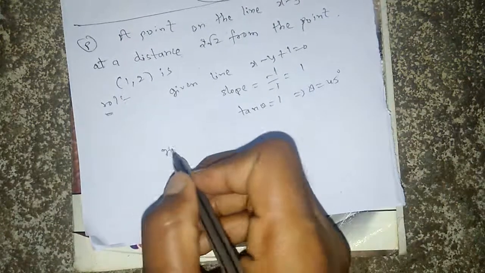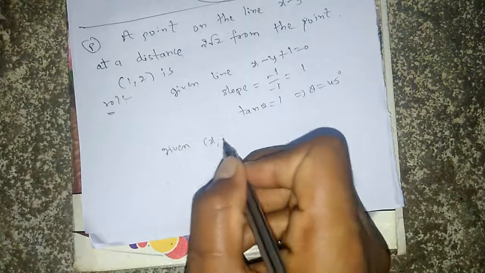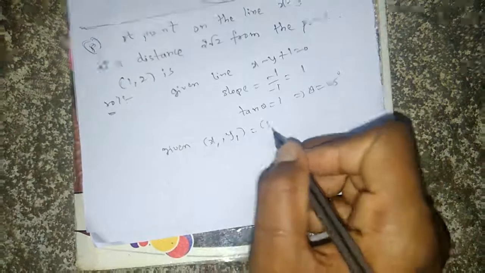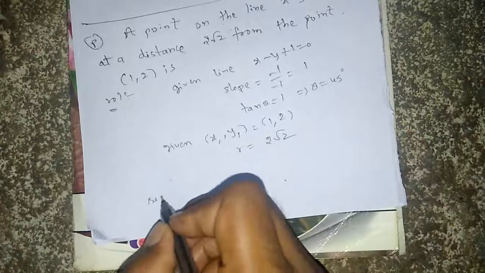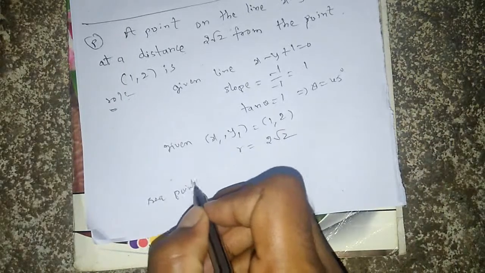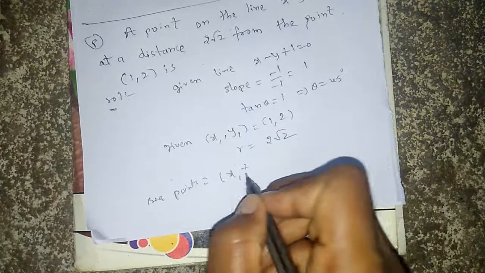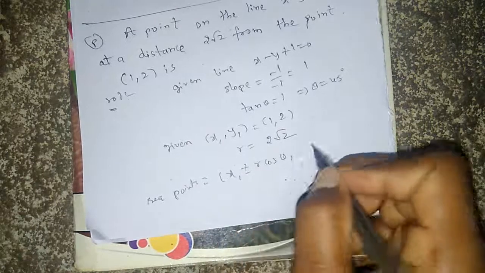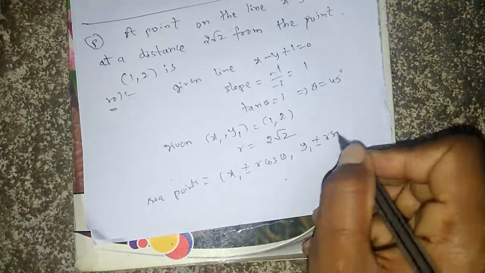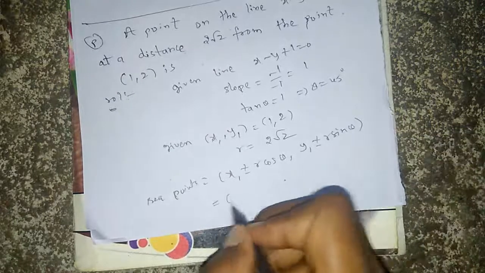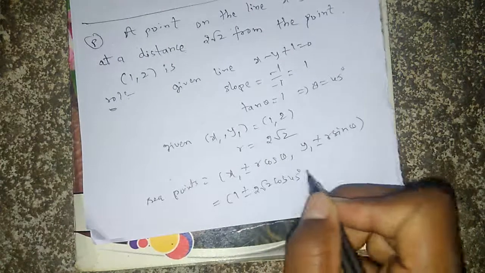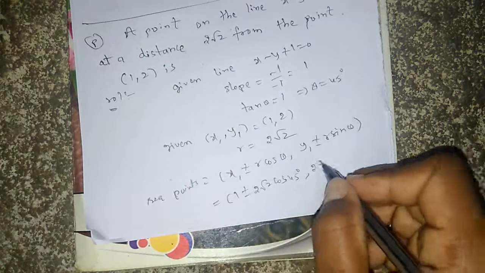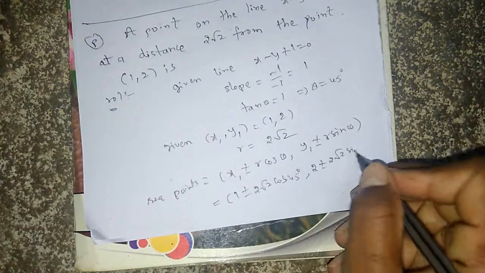Now given x1, y1 is (1, 2), r is equal to 2 root 2. Required points are x1 plus or minus r cos theta, y1 plus or minus r sin theta, that is 1 plus or minus 2 root 2 cos 45, 2 plus or minus 2 root 2 sin 45.